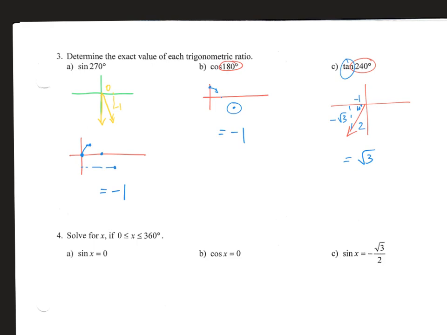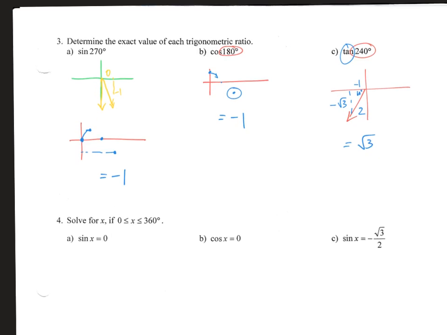Done. So take a look at A and B and notice those actually make life a little bit easier, the use of the trig curve. But if it's not on an axis, then I'm probably still going back to rotation angles like what we saw in C.